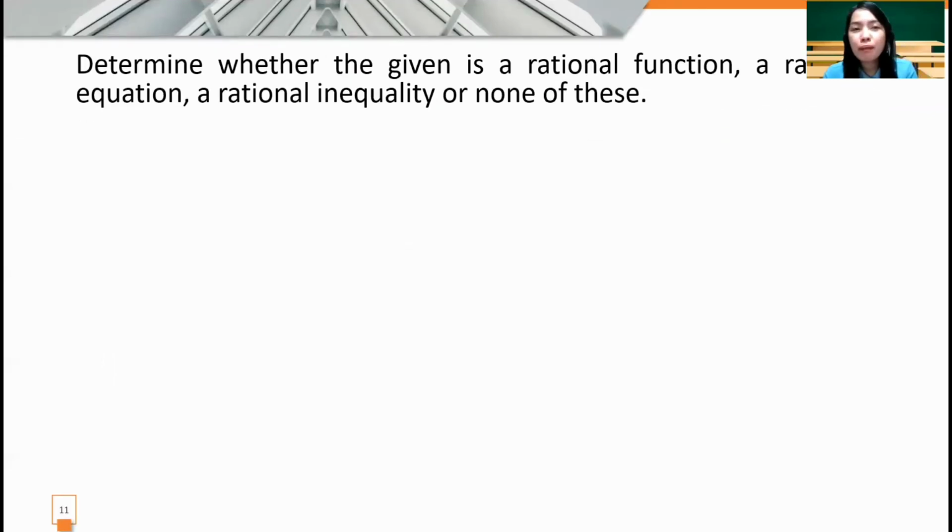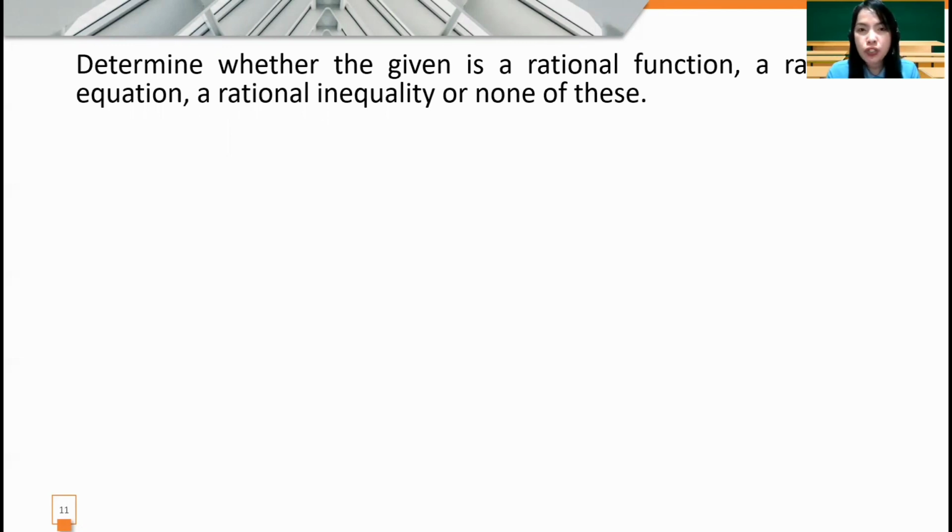To sum up, for us to determine whether the given is a rational function, a rational equation, a rational inequality, or none of this, for us to summarize, para sa rational function, ang mga signs, meron dapat rational expression, meron dapat dalawang variable, at meron dapat equal sign.